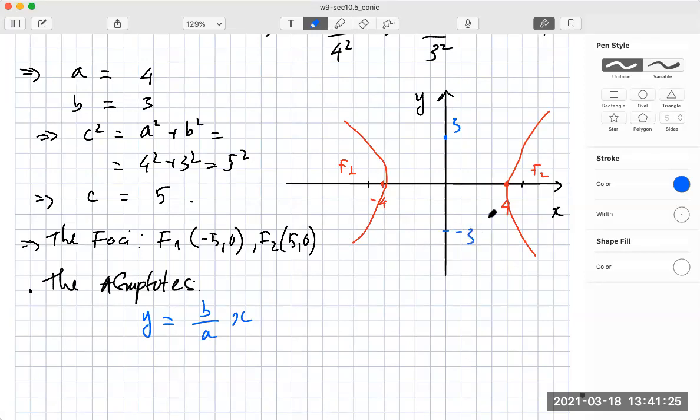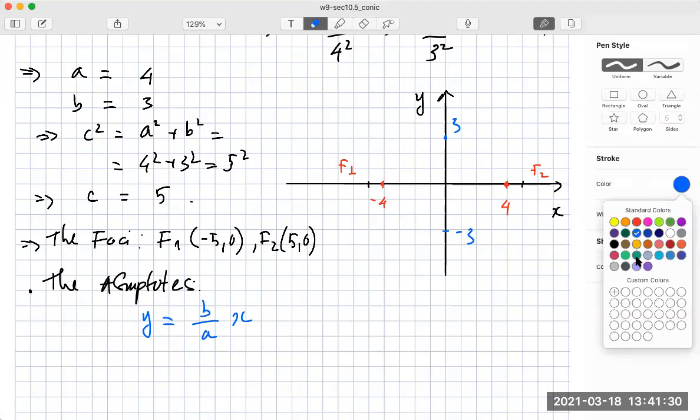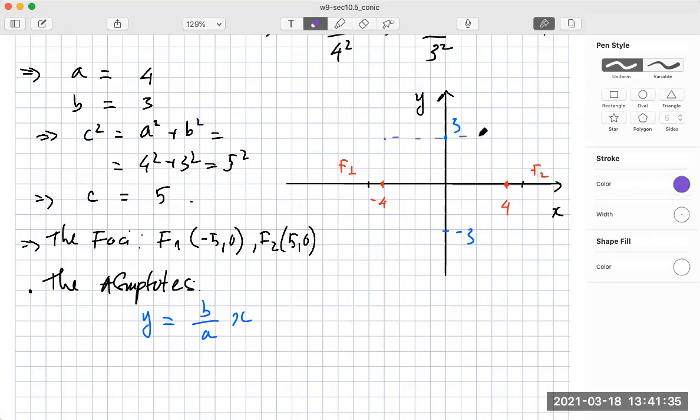So now, in order to find this, let us draw a rectangle. So it will be this rectangle. Let us find it first. Okay. Then the first asymptote will be b over a x, which is 3 over 4 x, right?